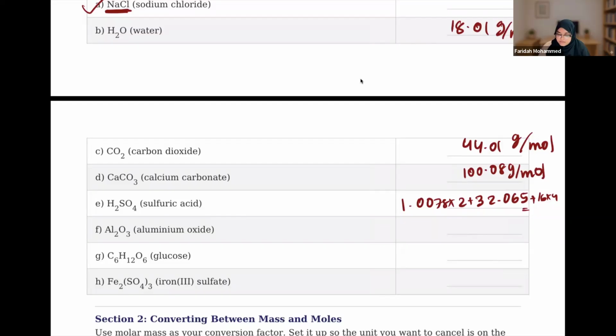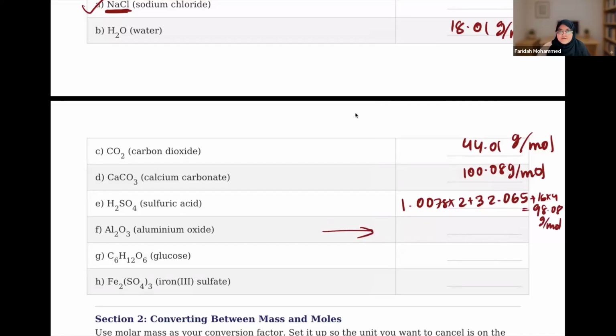Never mind. I see it. Okay, sorry. That's okay. What you got? I got 98.08 grams per mole. Okay.